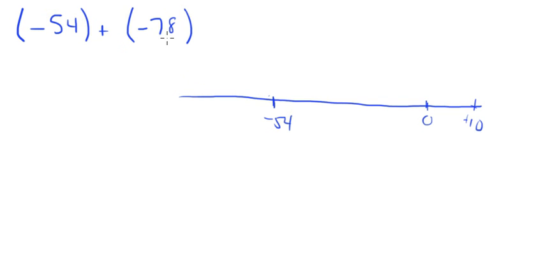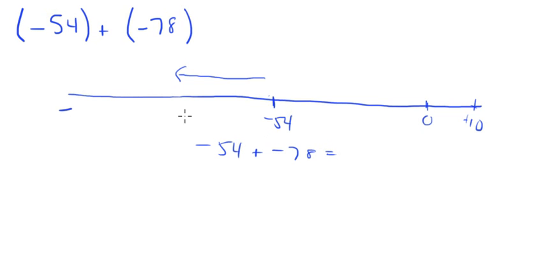So the negative tells me which direction am I going? To the left. So I'm going further negative, right? Correct, I should say. So when I take a negative 54 plus a negative 78, what am I going to wind up at when I get way down here? Am I going to be positive or negative?